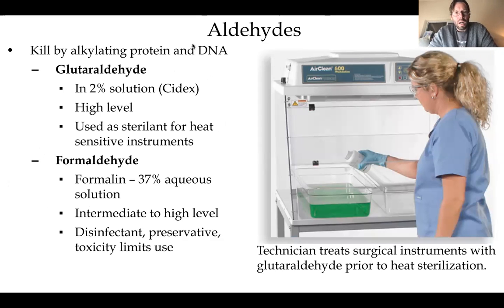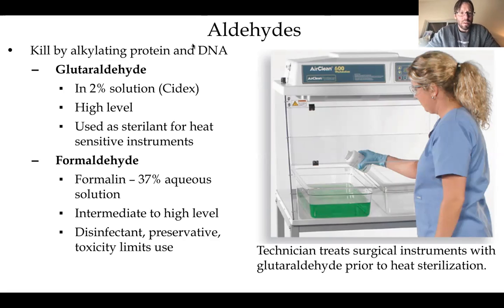And so when they do that, they change the structure, right? And now that structure is altered. It can't do its function. It can be used as a sterilant, okay? So this is a high-level germicide. It can sterilize things. It can even take apart the endospores for heat-sensitive instruments.